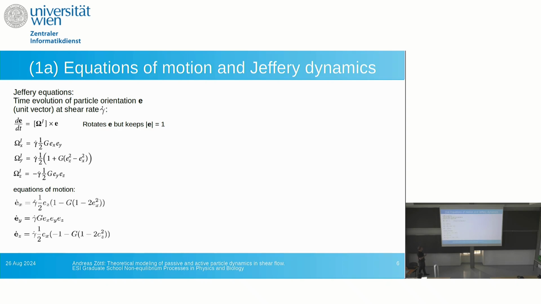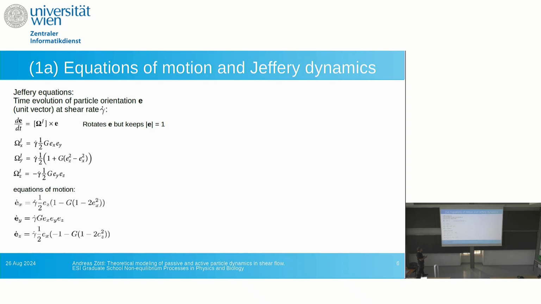What is also important to note is that when we talk about the director E, this is always a unit vector. When you do this operation, it automatically keeps the length of this unit vector constant. You just do a rotation.